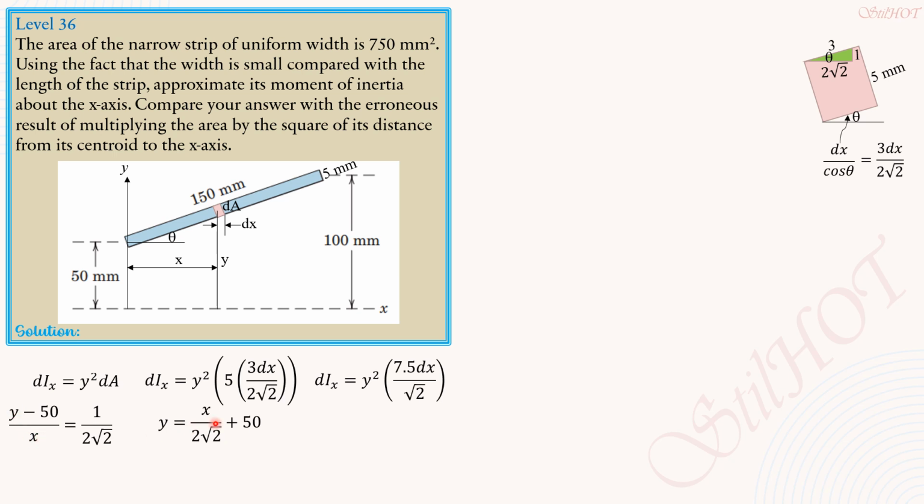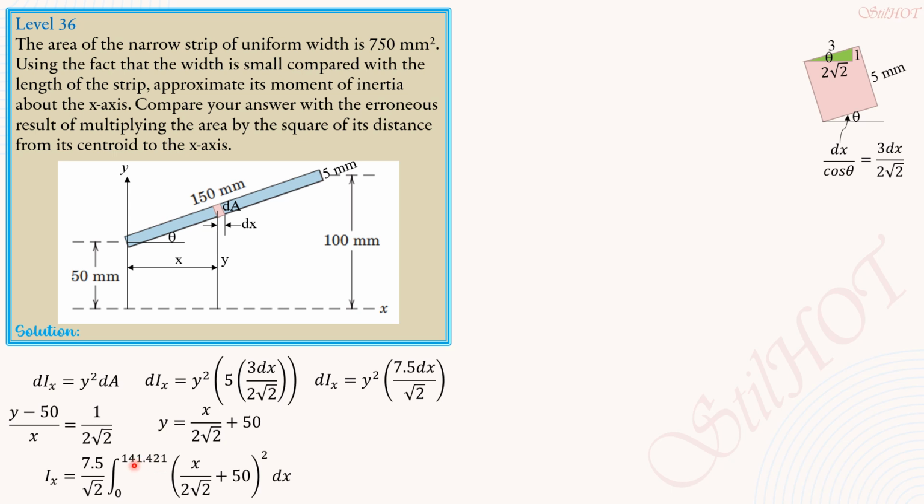We can solve for x equal to 141.42. So Ix is 7.5 over √2 times the integral from 0 to 141.421 of y², so (x over 2√2 plus 50) quantity squared, dx.